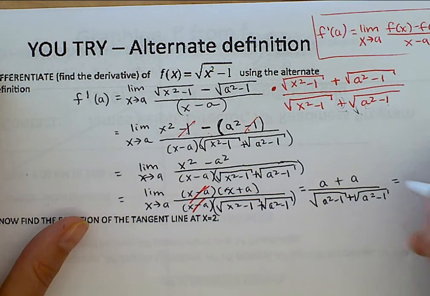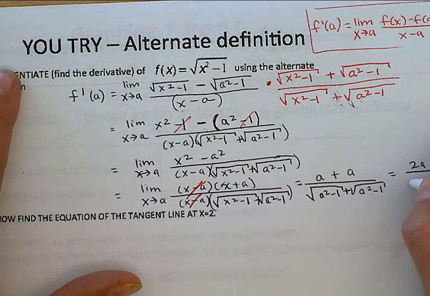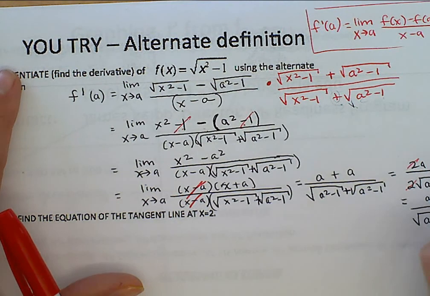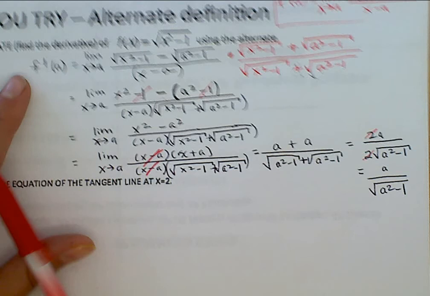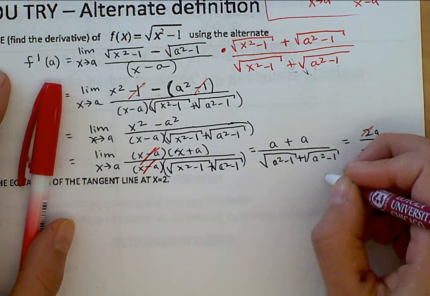So this becomes 2a over 2 times the square root of a squared minus 1. The 2's cancel out to become a over the square root of a squared minus 1. So that is my f prime of a.